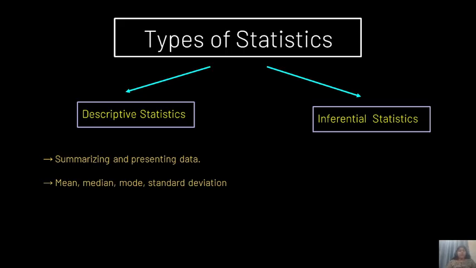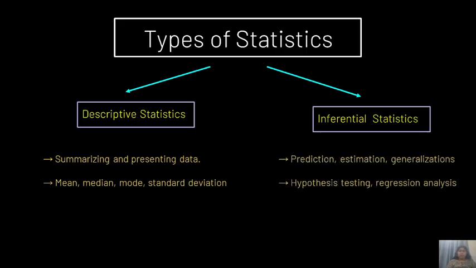Now, what is inferential statistics? The word inference means to make an assumption or an estimation about something. Usually in statistics, inferential statistics is to make an assumption about the entire population with the help of a sample. For example, in this case, if you buy a Samsung phone, the sample is the Samsung phone you have, and the population, which is a very big sample, is all the phones that are manufactured by Samsung.